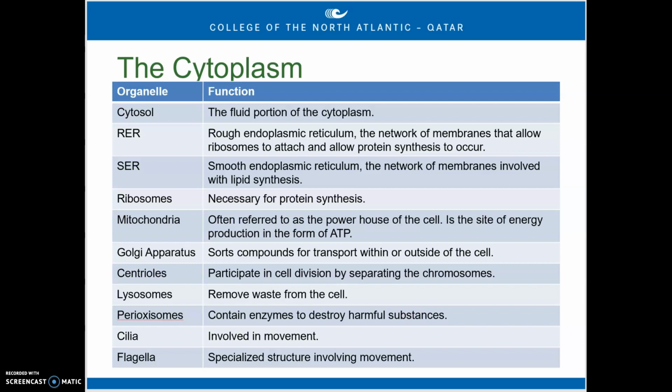The rest of what makes up the cytoplasm are going to be all of these organelles. I've got this table on here that fills in some of the functions of these organelles, and I'm going to talk about them as we move on through this unit, and certainly we'll be talking about the organelles as we move into the next unit, unit 3.